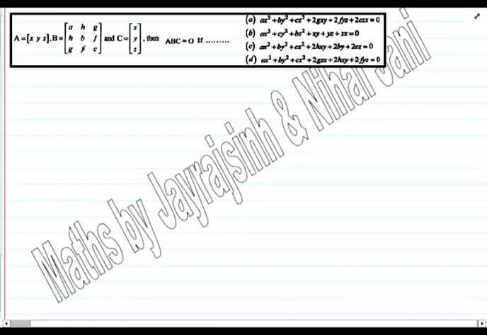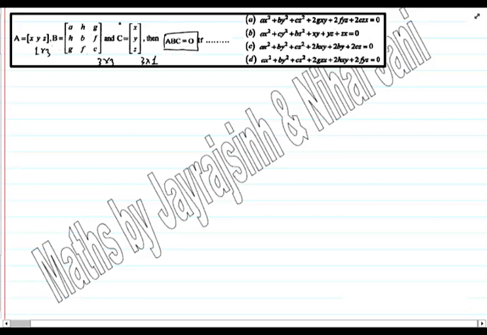Here we have one khatarnak question. A is of order 1 cross 3, B is of order 3 cross 3, and C is of order 3 cross 1. Then it is given that A into B into C is the zero matrix. Which condition will be satisfied?